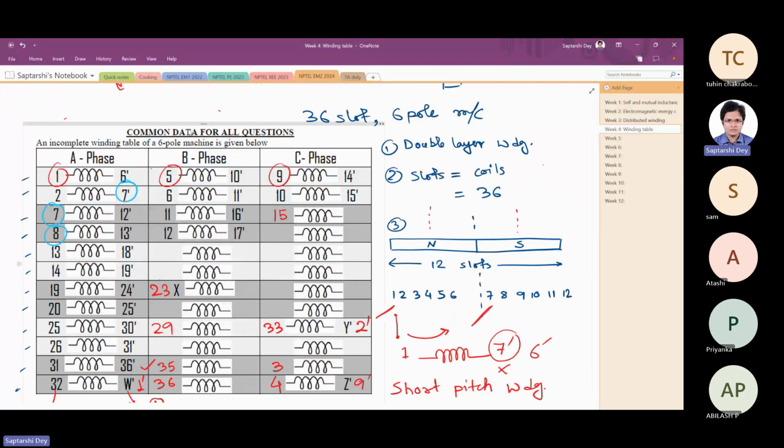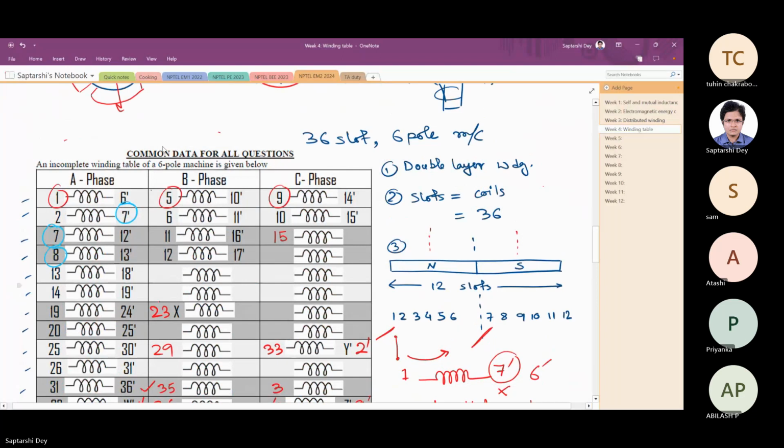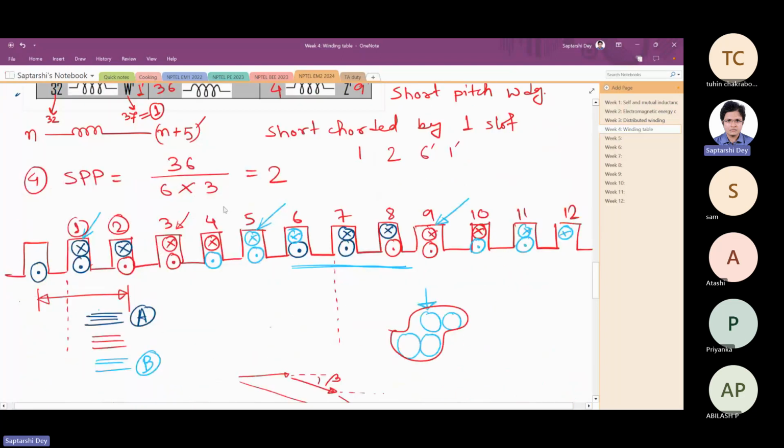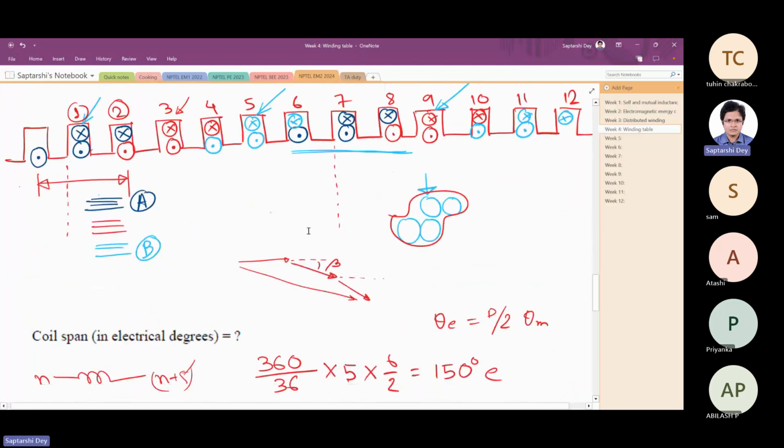The way it is being taught in the class, the convention that is being followed in the class, by that convention, I think that is the convention you have to follow in the exam also. That would depend on the coil groups that you have, groups per phase. So it is like this.